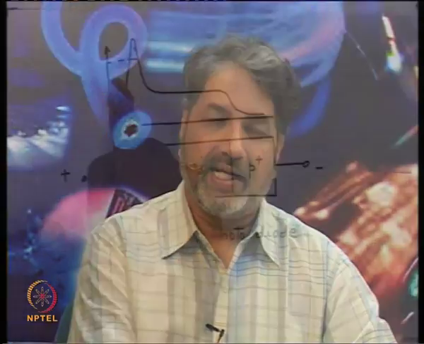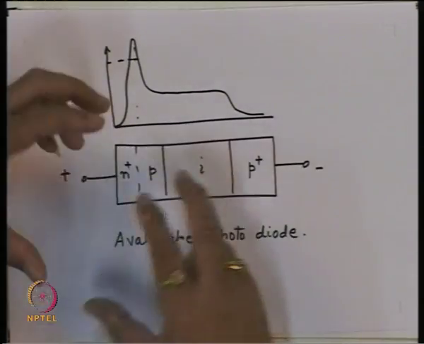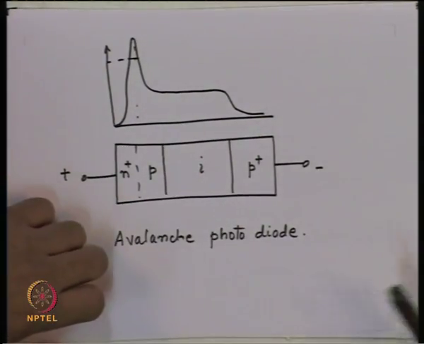So, this process now essentially leads to what is called the noise process in the detector. Whenever we have a detection of the light by a photodetector, there is always some noise introduced into this conversion process. On top of this, when the device used is the avalanche photodiode, then every electron hole pair, when it tries to cross this region where the electric field is large, even that multiplication process is a statistical process.